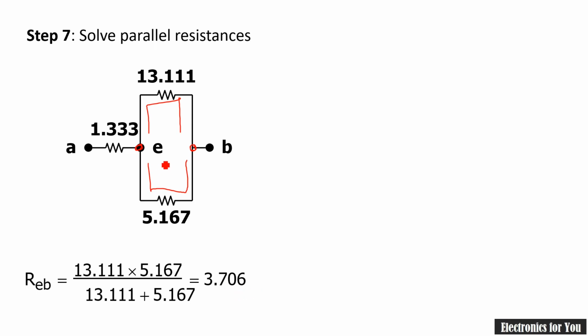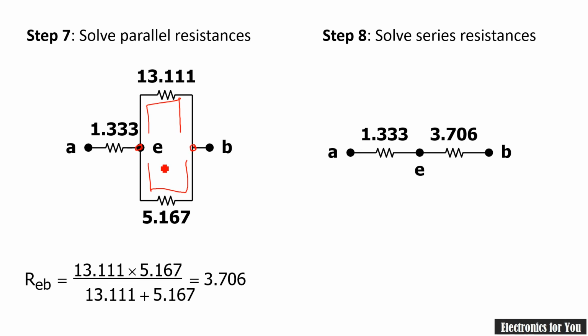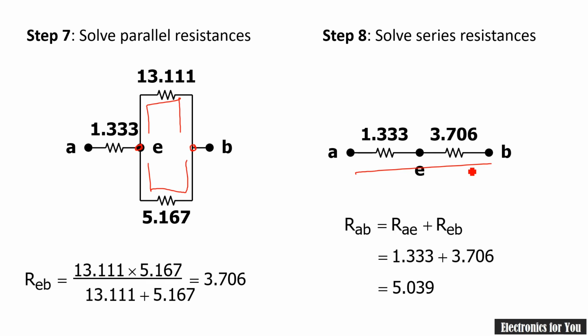Now these two resistances can be replaced by a single resistance like this, and further these two resistances are in series, so they will get added and provide RAB equal to 5.039. In this way we can find an equivalent resistance by using delta to star transformation.